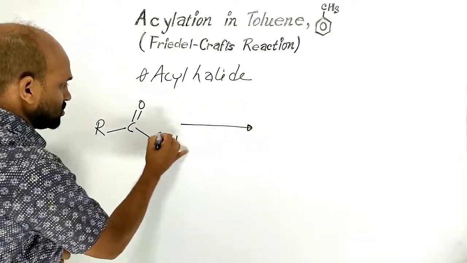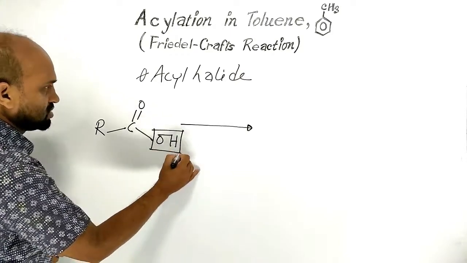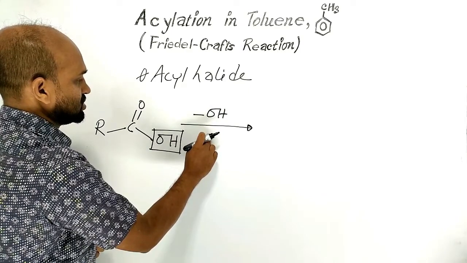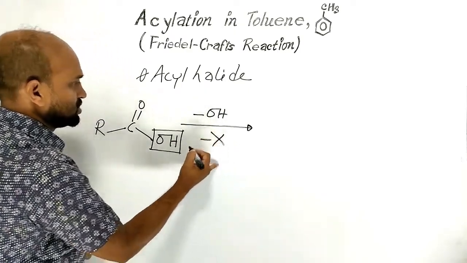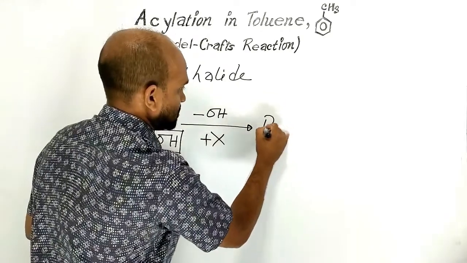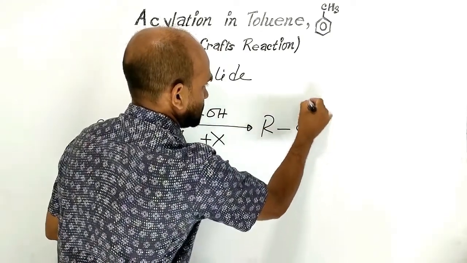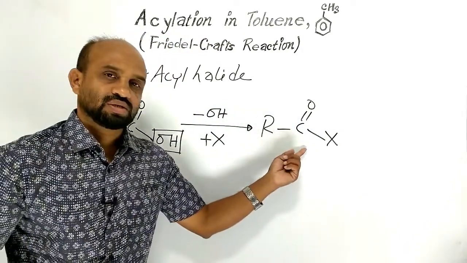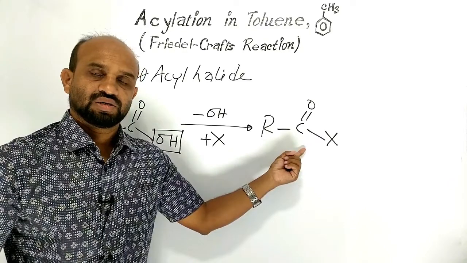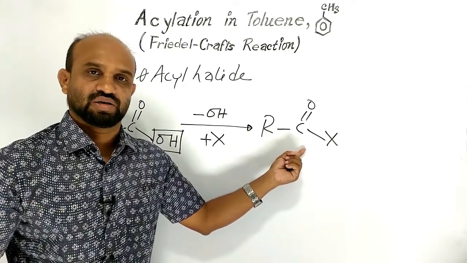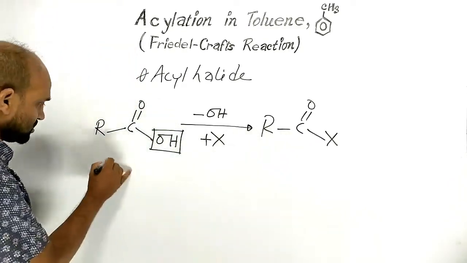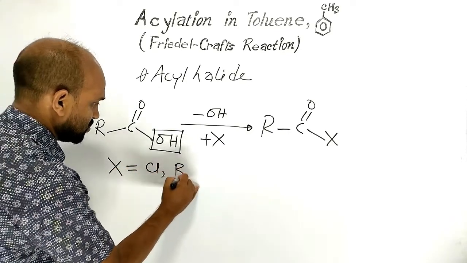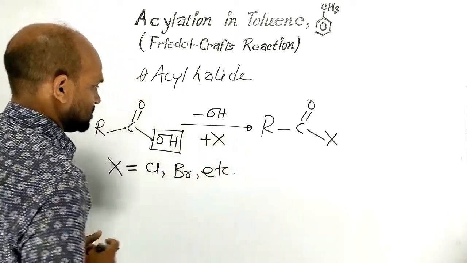When from carboxylic acid hydroxyl group is replaced by a halide group, then we get this compound. This is acyl halide, general formula of acyl halide. Here this is halogen, chlorine, bromine, etc.